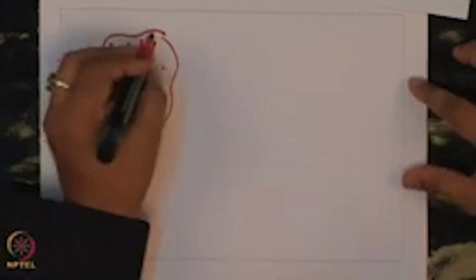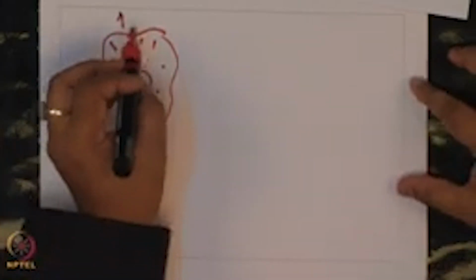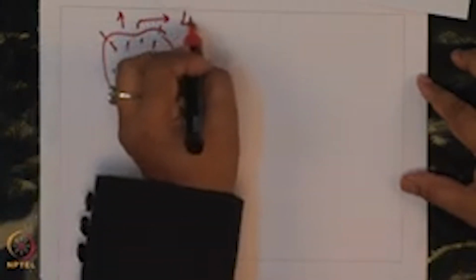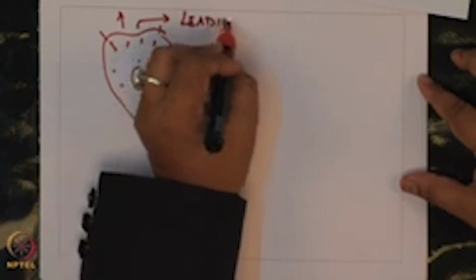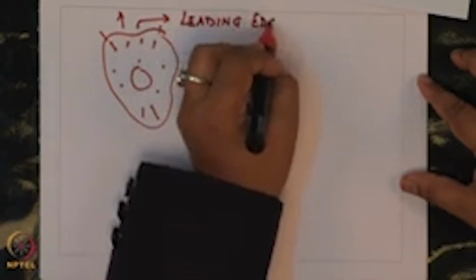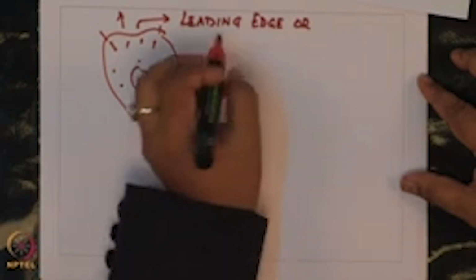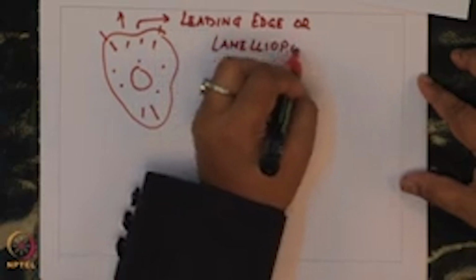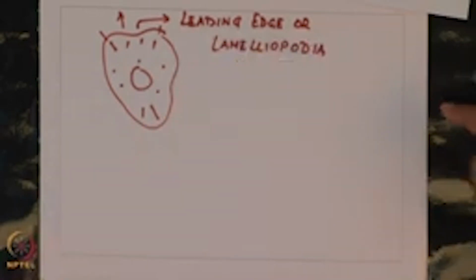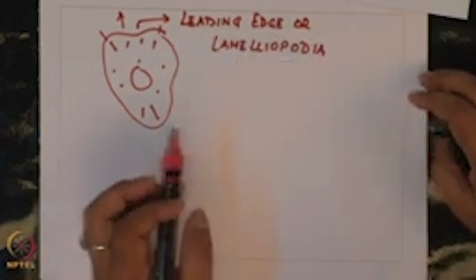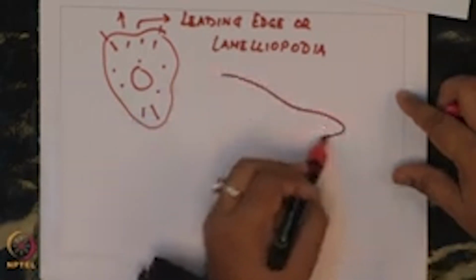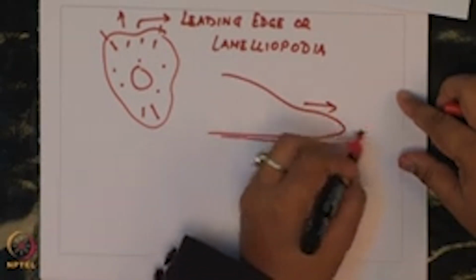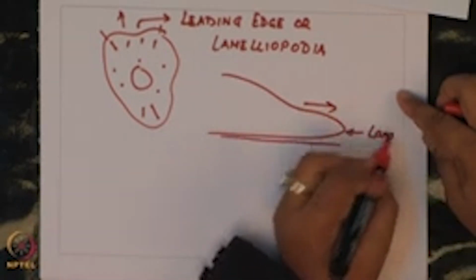At the edge of the cell, if the cell is migrating this way, then this edge is called the leading edge or lamellipodia. In side view, if I were to draw the same picture, a cell is migrating this way, and this is where you have your lamellipodia.